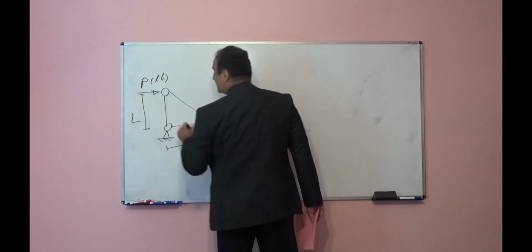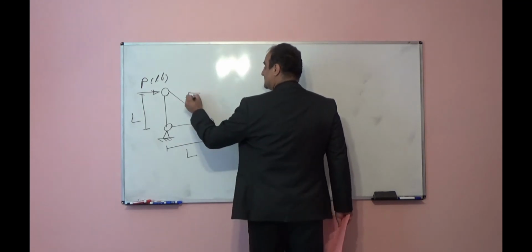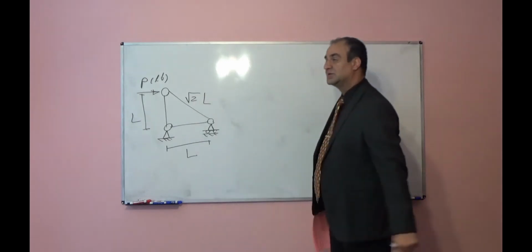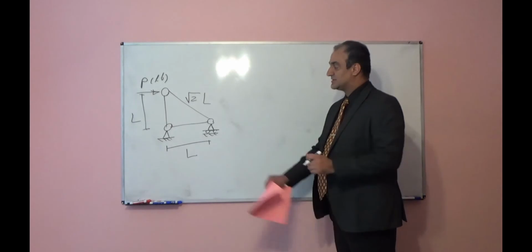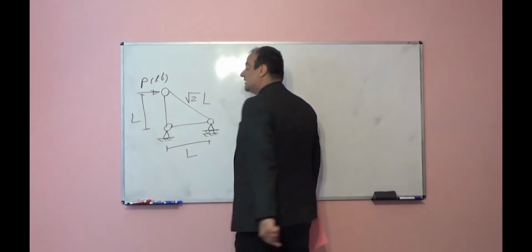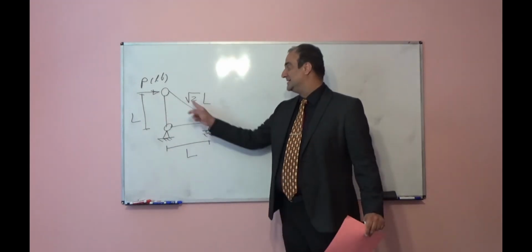In that case, this angle will be 45 degrees, and this will be square root of 2 L. So this will be the simplest truss we have. If I apply, for example, P here, I should be able to find internal forces in these members.